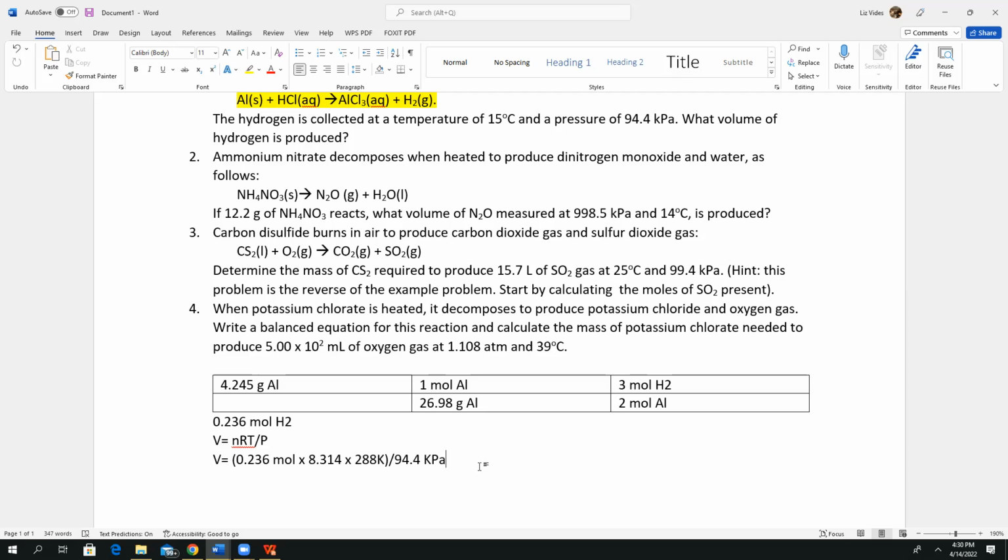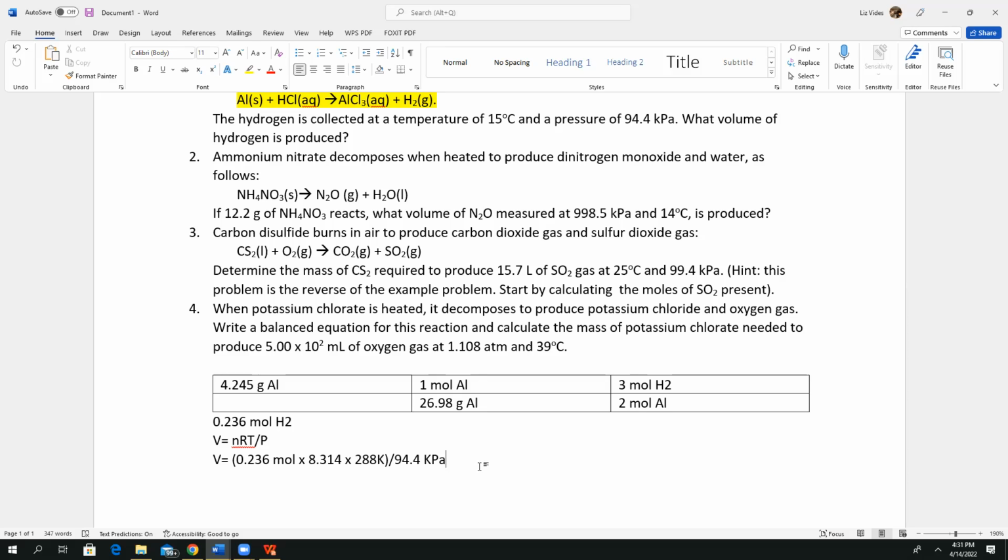Okay. Yeah, of course. PV equals nRT, and n is going to be PV over RT.